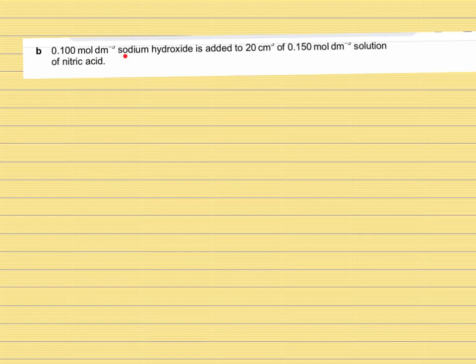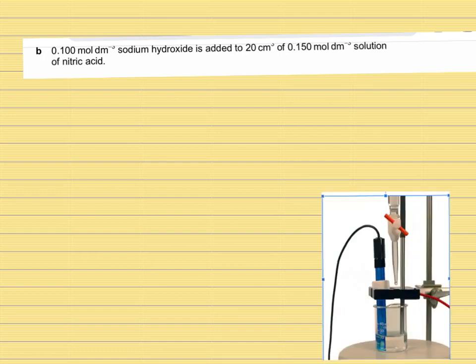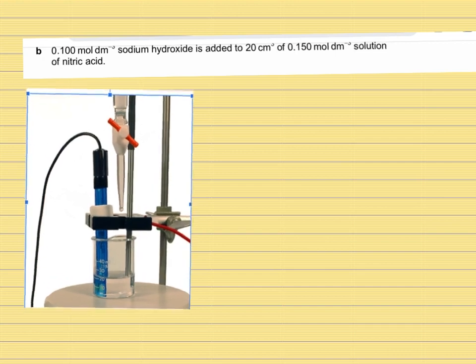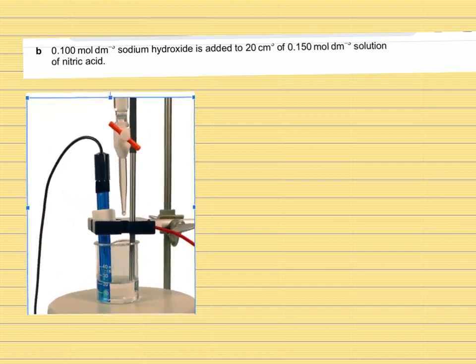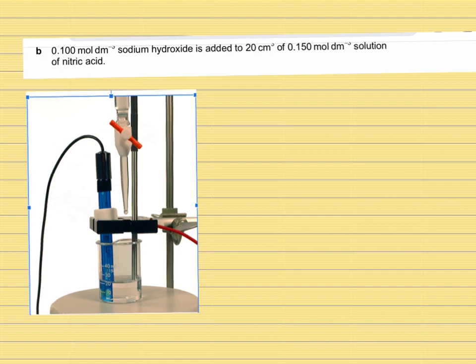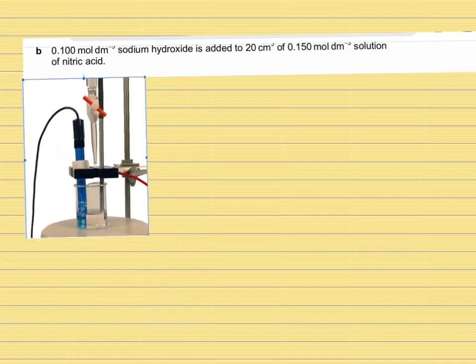So this time we've got sodium hydroxide and 20 centimetres cubed of nitric acid. So the 20 centimetres cubed must be what is in the beaker. So this time the acid is in the beaker and the sodium hydroxide is in the burette. So let's do our calculations again.